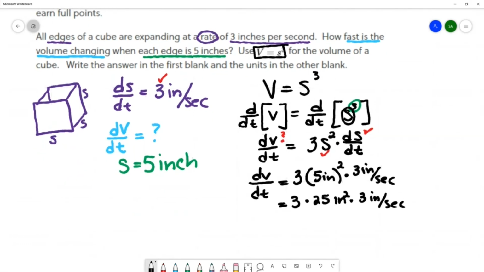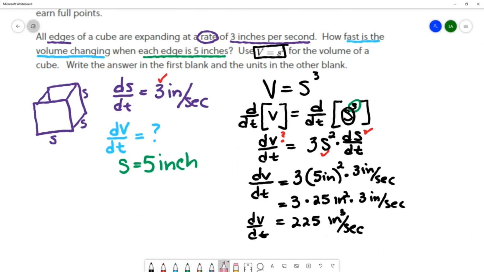And we'll multiply those numbers together. 3 times 25 times 3 is 225. And if I multiply the units together, inches squared times inches is inches cubed per second. And so we have that dV dt, the rate that the volume is changing, is 225 inches cubed per second.